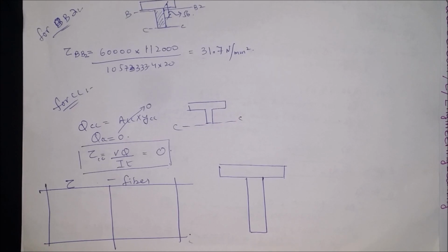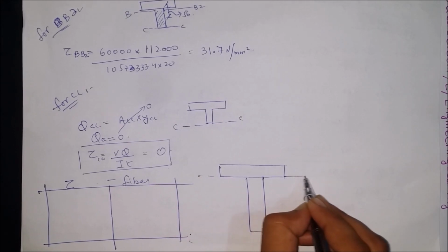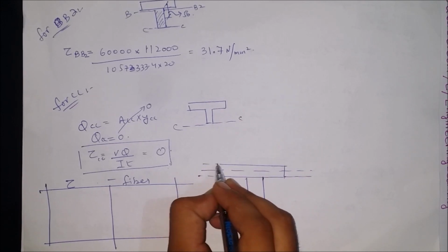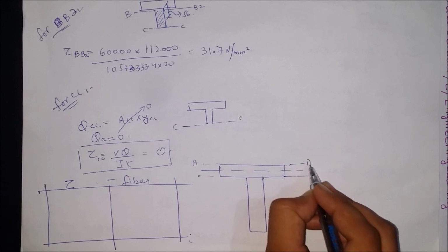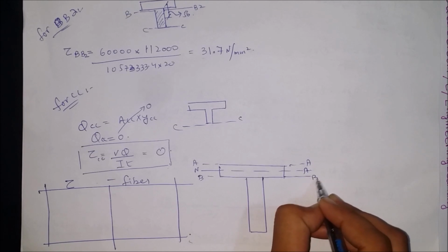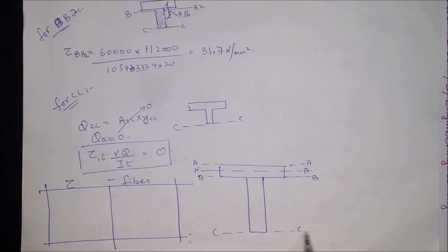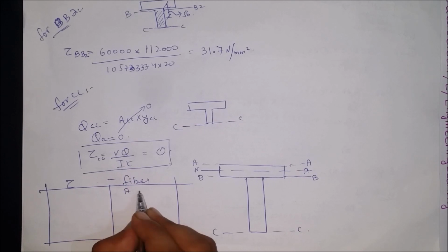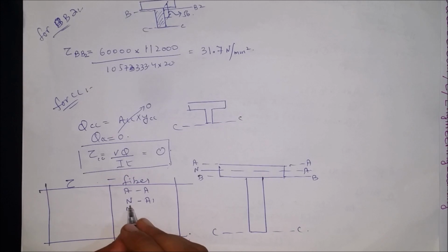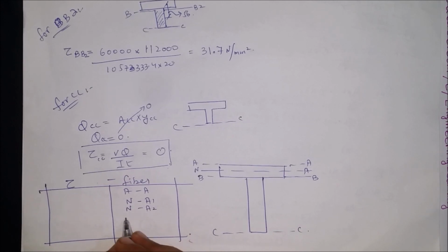This is the last step required in plotting the shear stress profile. This was the fiber AA, this was neutral axis, this was fiber BB, this was fiber CC. Fiber AA, neutral axis due to area above, neutral axis due to area below. Fiber BB due to thickness 200, fiber BB due to thickness 20, and finally fiber CC.